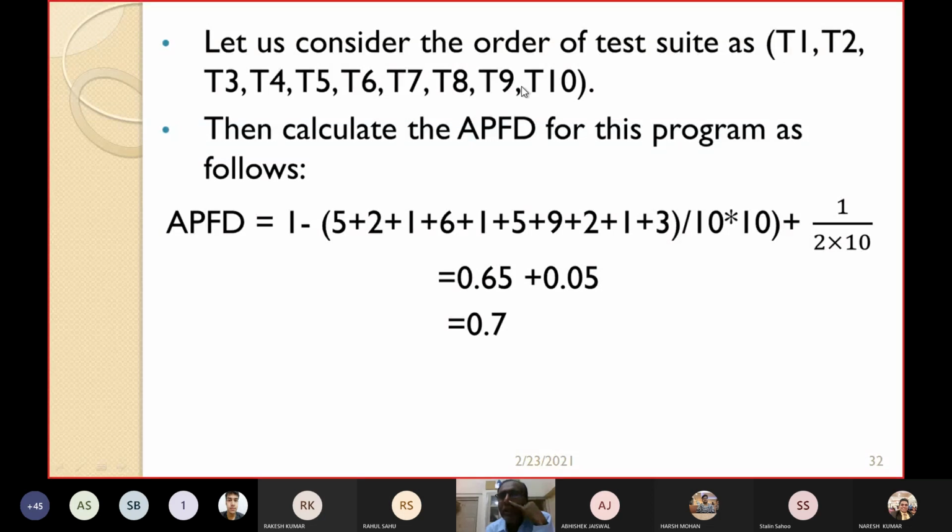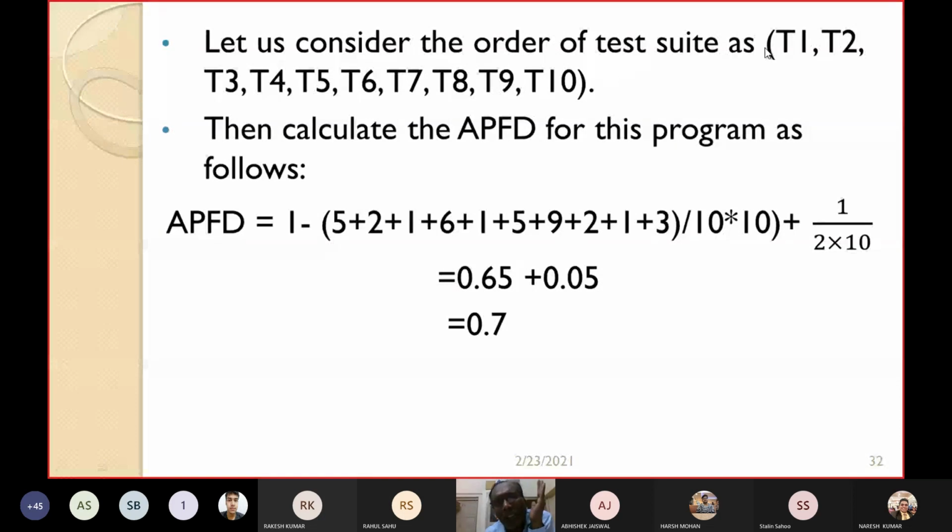Any order you write, this is an order. Similarly, you can put this prioritization in many orders. Any order you take, my question is to find the FFD value for those prioritized test cases, compared with the original test suite.